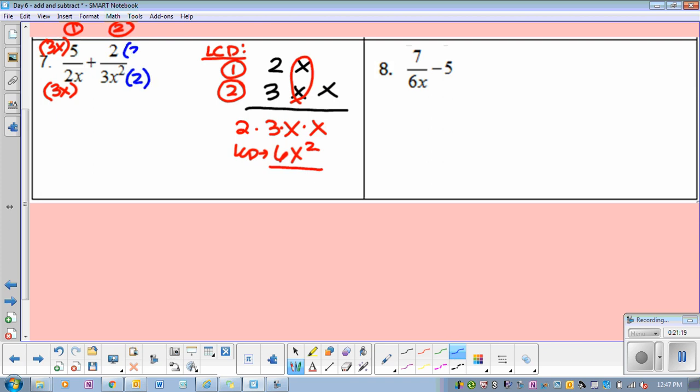So 15x plus 4 over 6x. Make sure you draw your new fraction. You can just do 1, and write your LCD on the bottom, which is 6x squared, because that's what those two are now. And up on top, what's 3x times 5? 15x plus 4. 15x plus 2 times 2, which is 4.